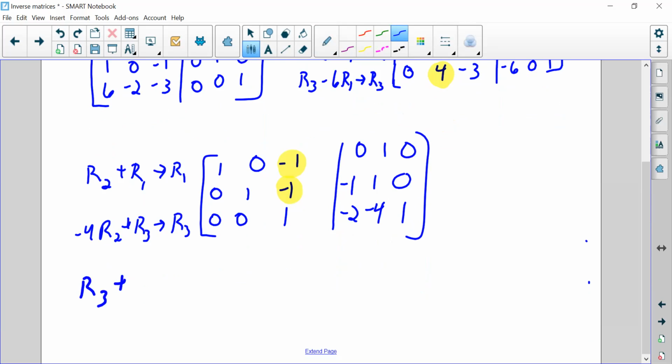Row 3 plus row 1, and it's going to yield my new row 1. And then I'm going to do row 3 plus row 2. So if I use row 1, it messes it up. So I want to stick with that row 3 with all the zeros. Gives me my new row 2.